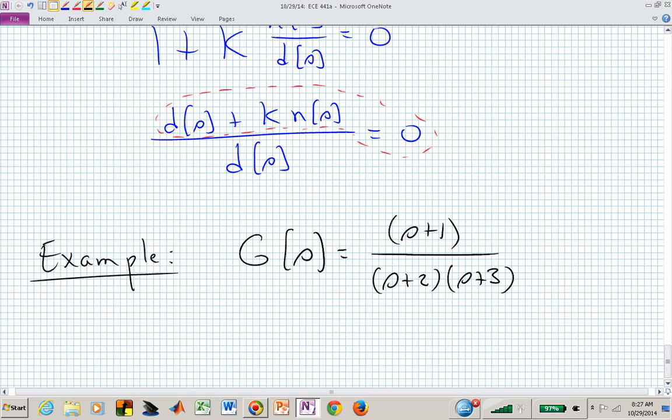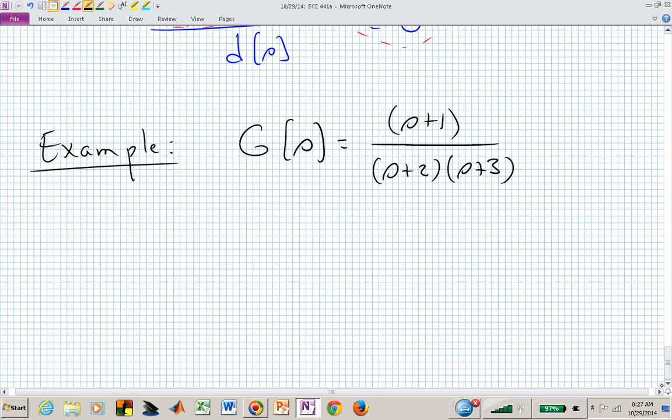Well, it would be the n of s factor. And that would then cause everything to equal 0, effectively, is sort of the intuitive way of thinking of it. Don't spend too much time confusing yourself on that. We start on the open loop poles and we end on the open loop zeros, the finite open loop zeros.